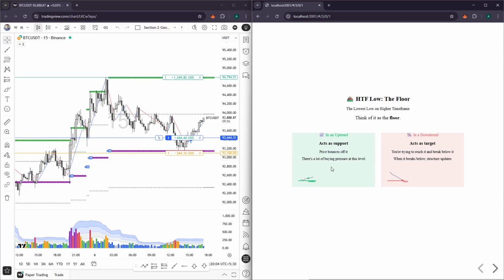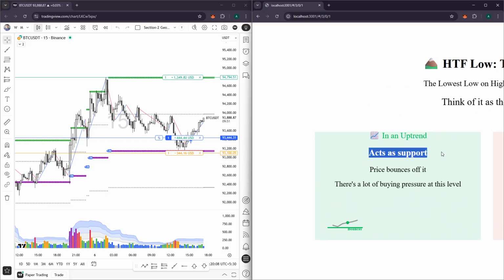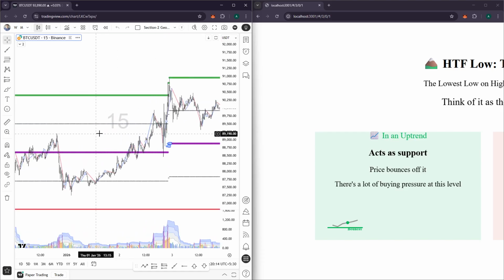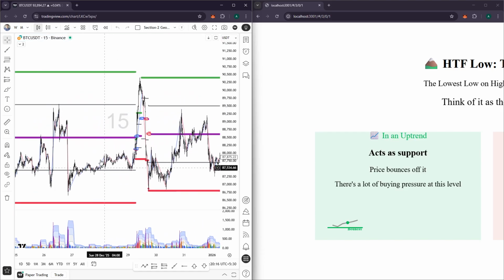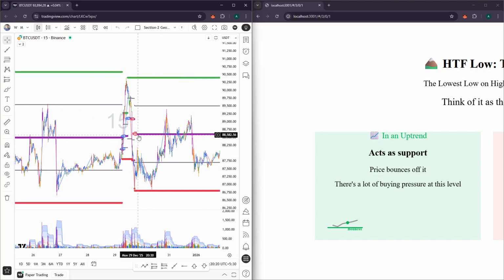So what it does is, in an uptrend, this acts as support. Okay, so when it is in an uptrend, you see here, it's making higher lows. This one was higher than the previous one.